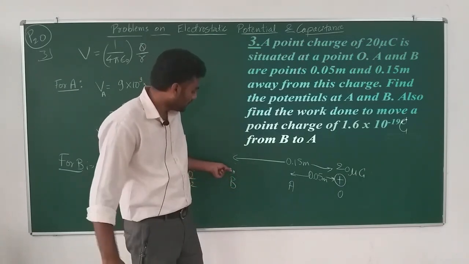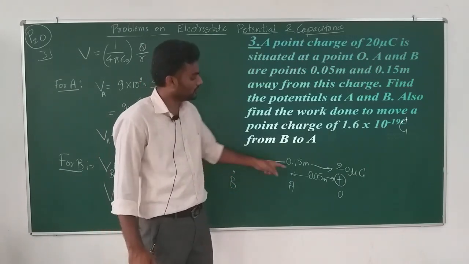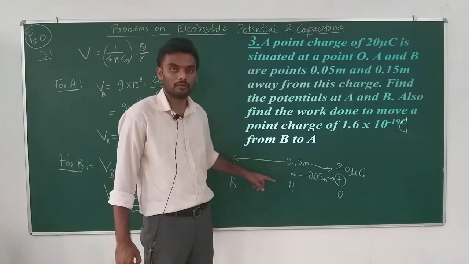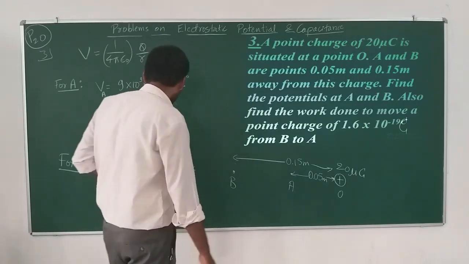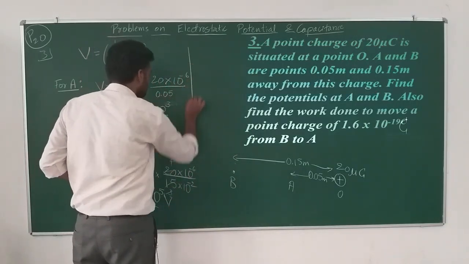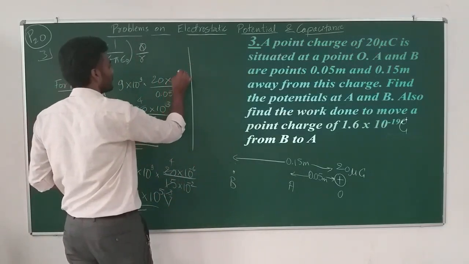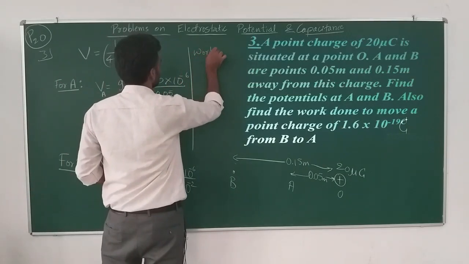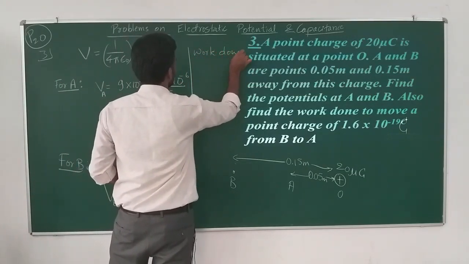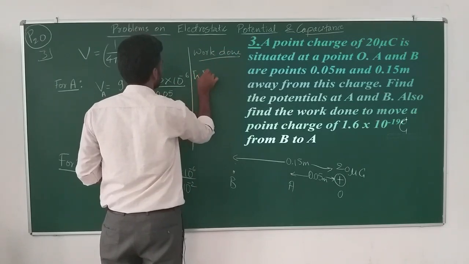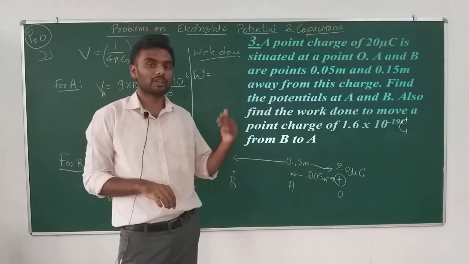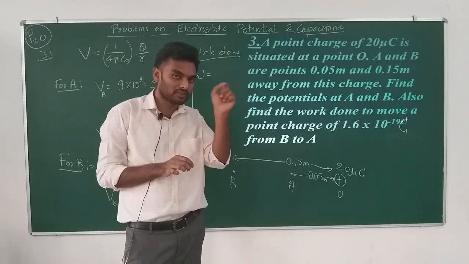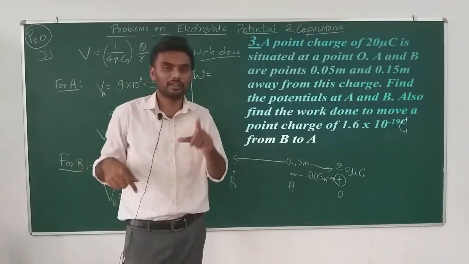But since now I need to move the charge from lower potential to the higher potential, I need to do positive work. The work done W is equal to VQ, where V is the potential at a point, which we considered in the first problem.